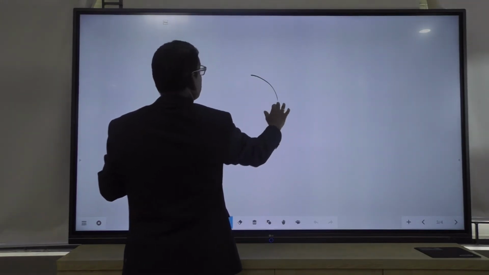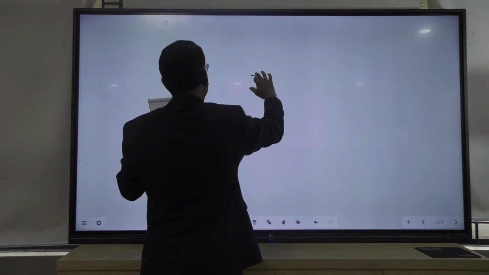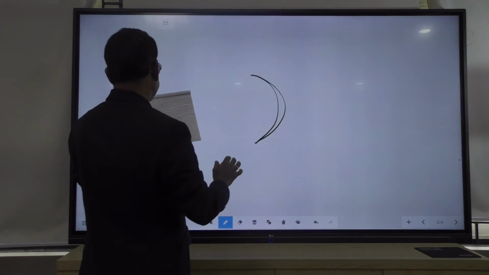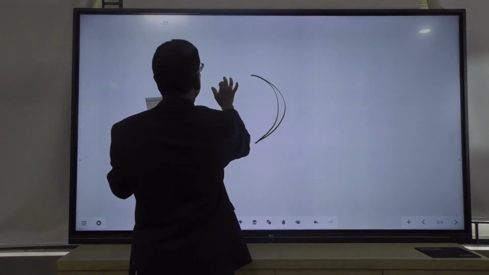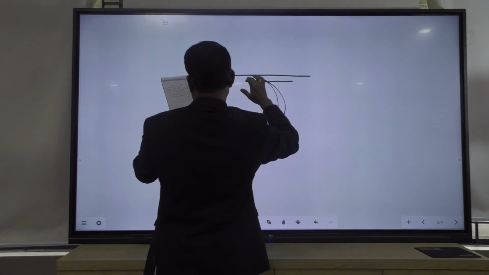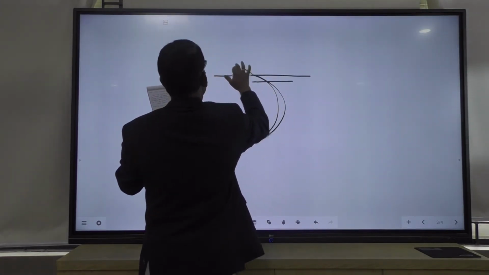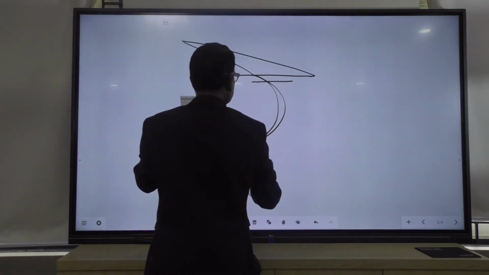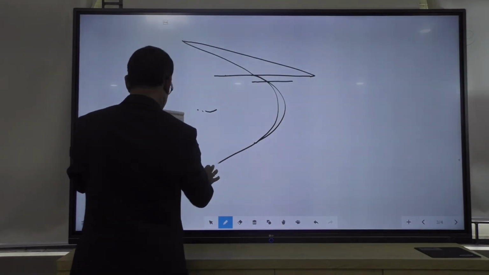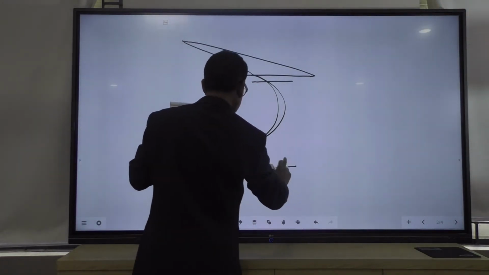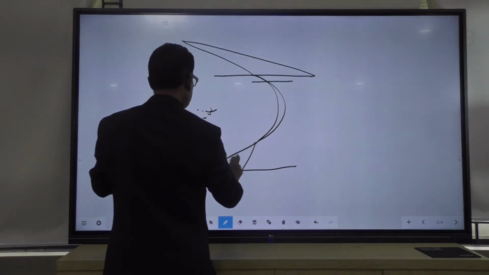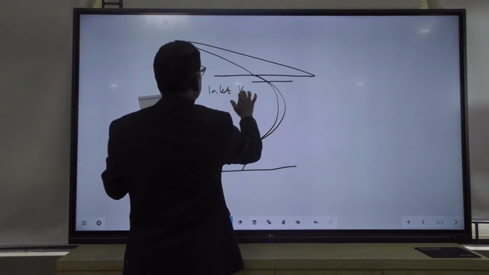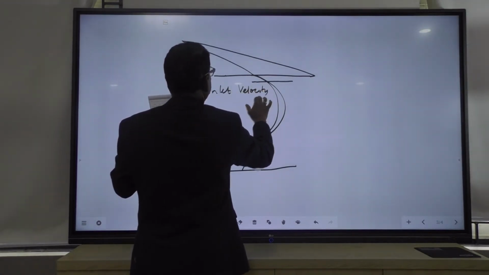Say this is one moving blade, which is curved like this. This is your inlet velocity triangle.